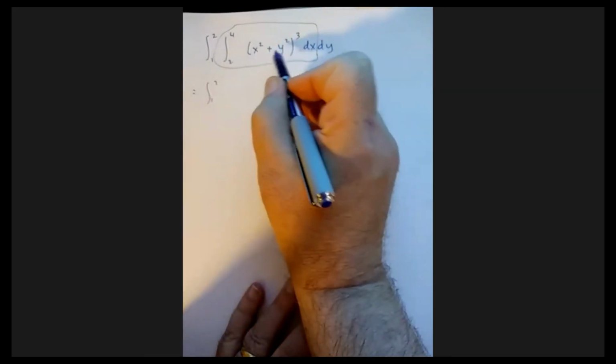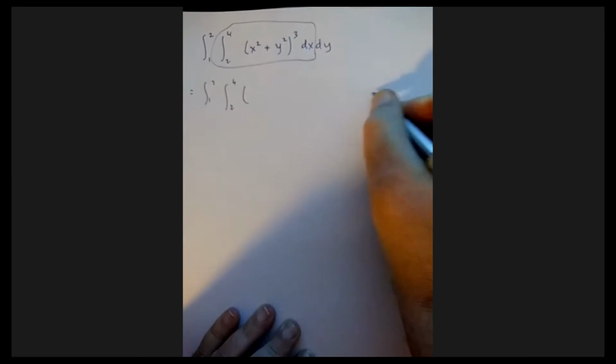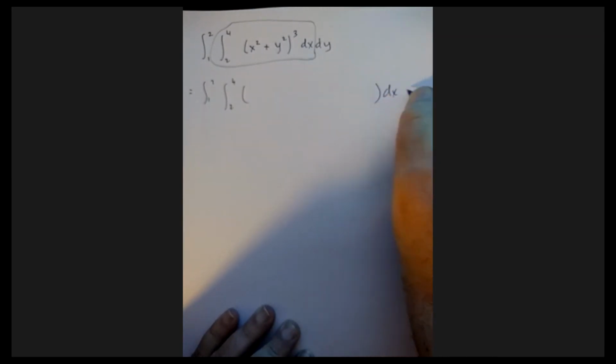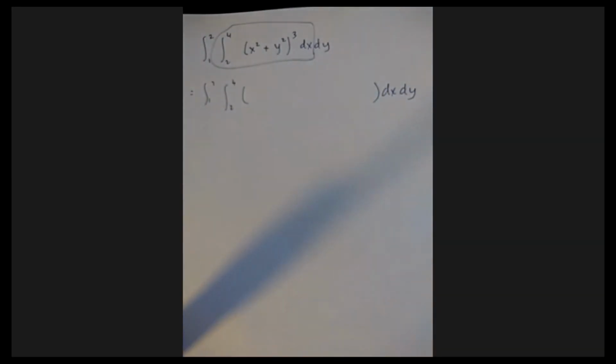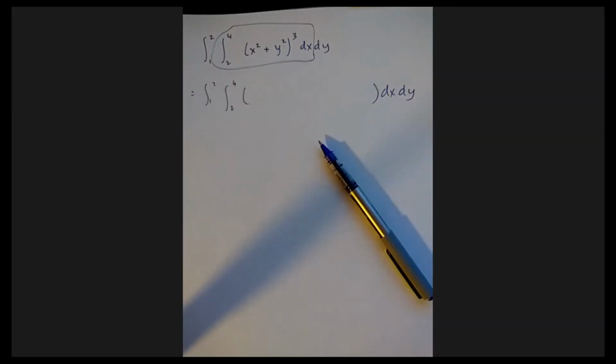Now, x squared plus y squared cubed. How am I going to deal with that? Now, I'm not taking this question to the end. I just want to show you the algebra techniques that you sometimes have to employ. This question has got issues, hasn't it?